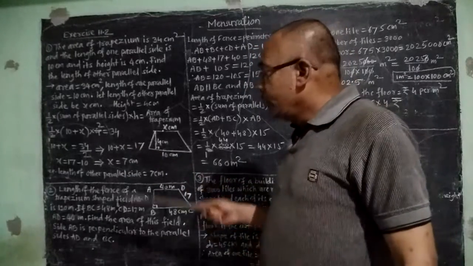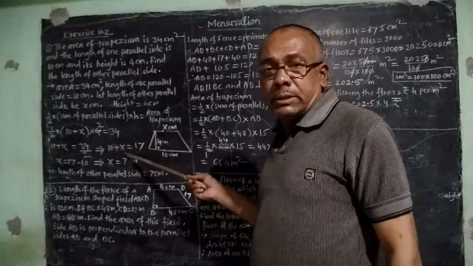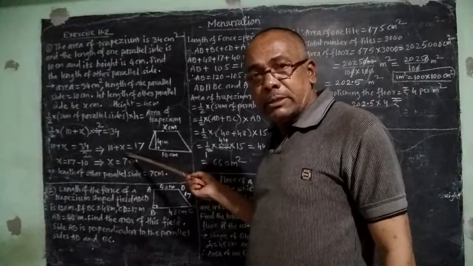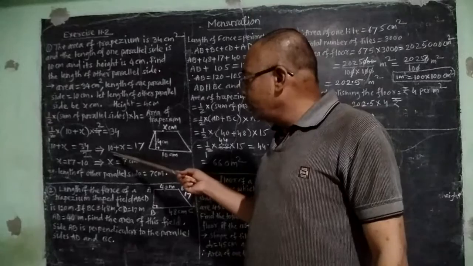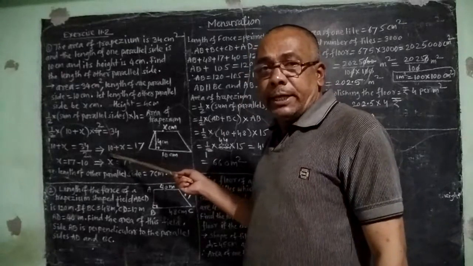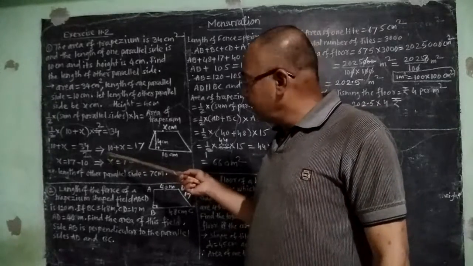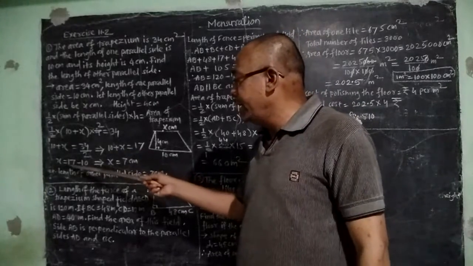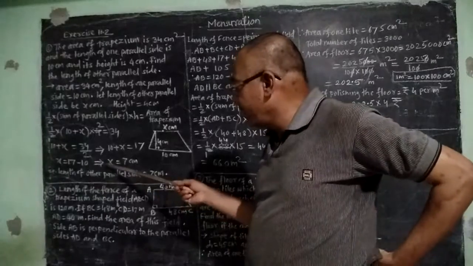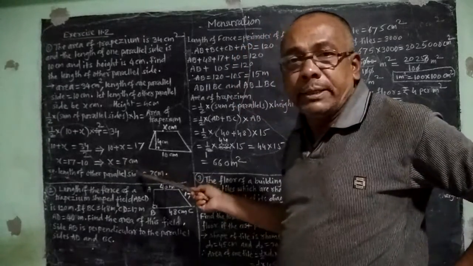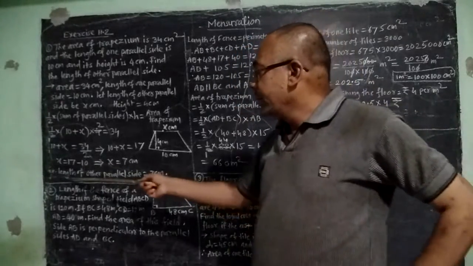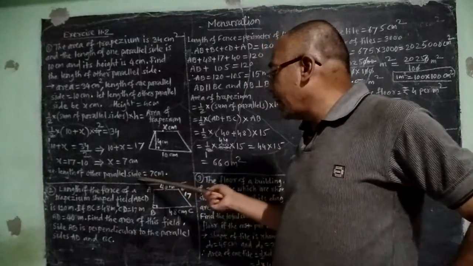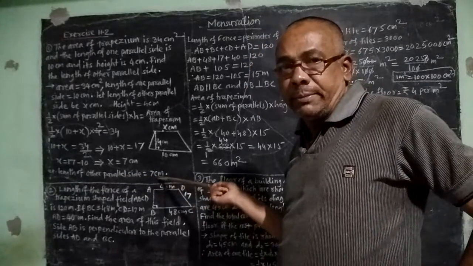Here we have to find the value of x, means the length of the second parallel side. So we transpose 10, and since the sign of 10 is plus, it will become minus. So x is equal to 17 minus 10, and therefore x is equal to 7 centimeter. In this way, the length of the other parallel side is 7 centimeter.